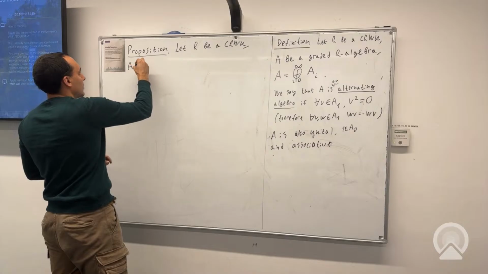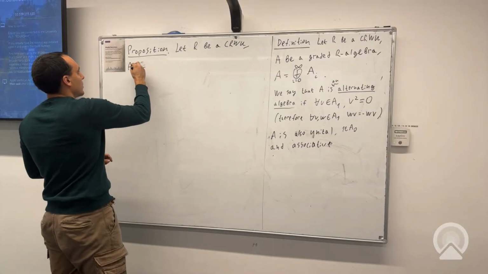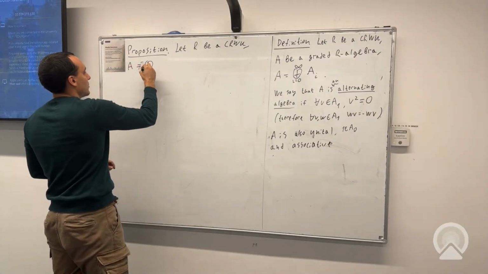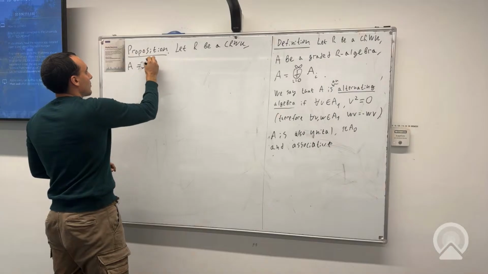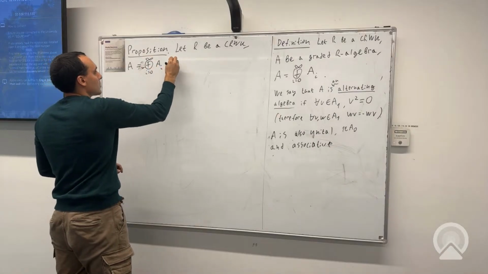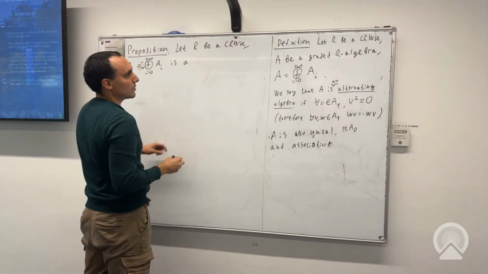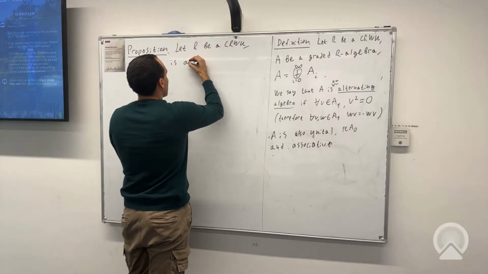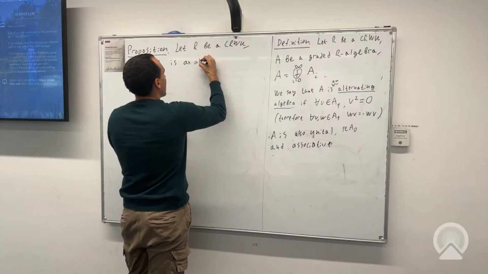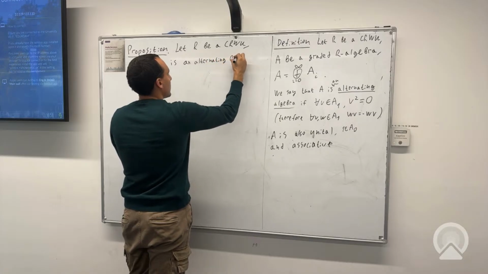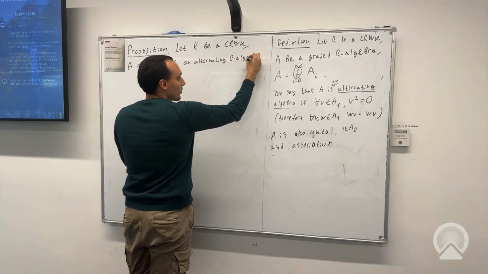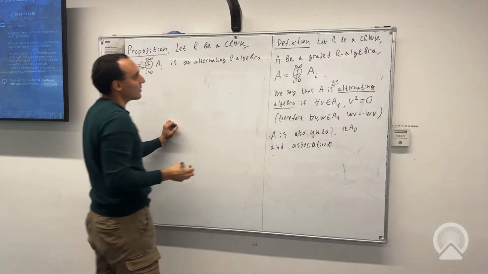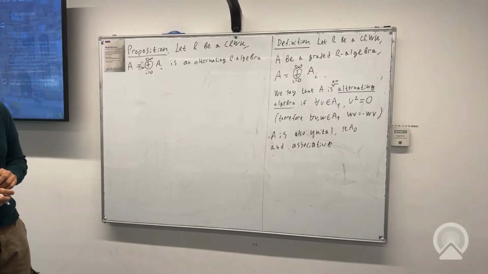A, which is a direct sum, is unital, is an alternating R-algebra. Yeah, so to give examples of how alternating algebra works, I have to talk about the exterior algebra.